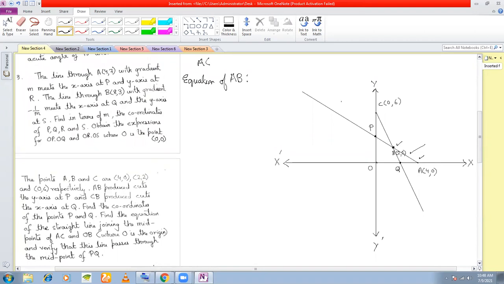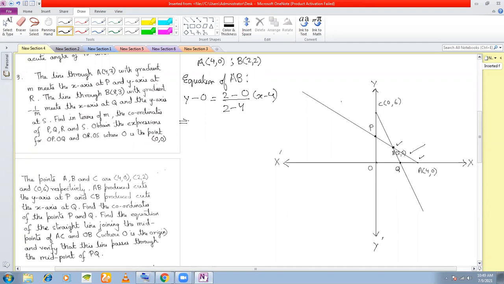A here is the point (4, 0), and B here is the point (2, 2). So take as x1, y1 and x2, y2: y minus y1 is equal to (y2 minus y1) divided by (x2 minus x1) into (x minus x1). Okay, this is the equation of AB that you are getting.